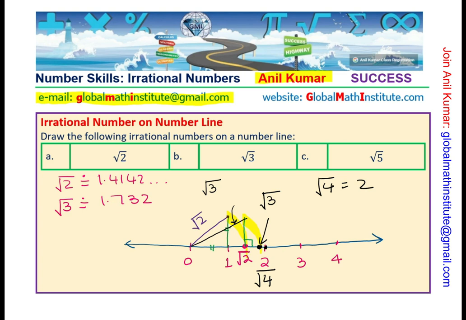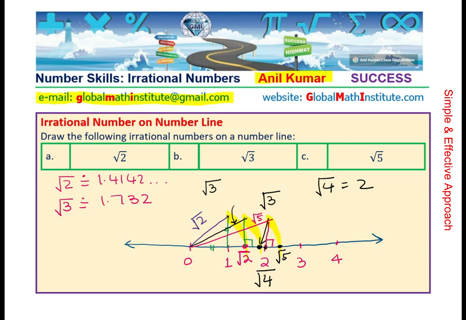So at 2 this time, I can draw a perpendicular, right? And this diagonal will be square root 5. You get the whole idea, right? And then with an arc like this, you will get a point which will give you square root 5's exact location on the number line.